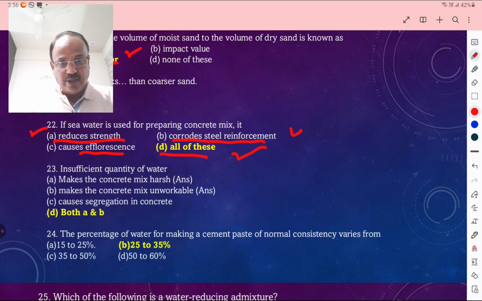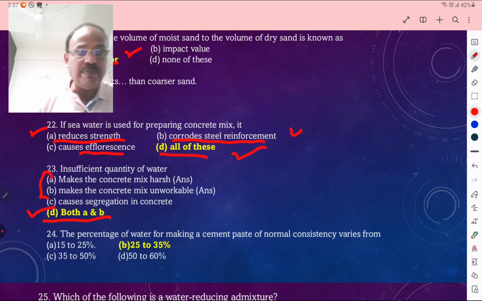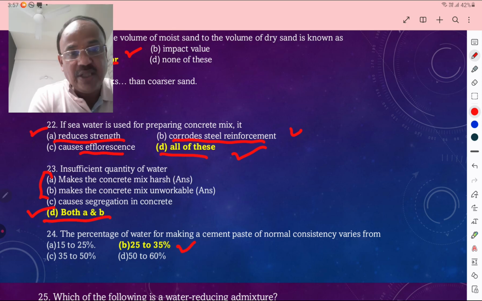Insufficient quantity of water makes the concrete mix harsh, correct. Makes the concrete mix unworkable, that is also correct, and causes segregation in concrete. The more quantity causes the segregation, but the insufficient quantity does not cause the segregation. So A and B means option D is correct, both A and B. The percentage of water for making cement paste of normal consistency varies from 25 to 35%.